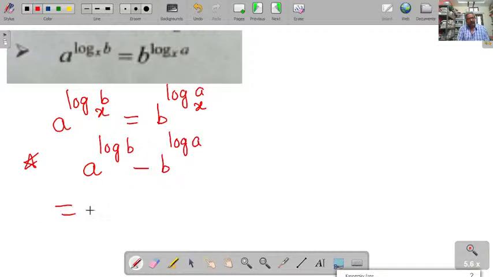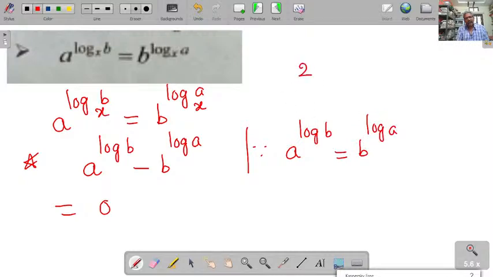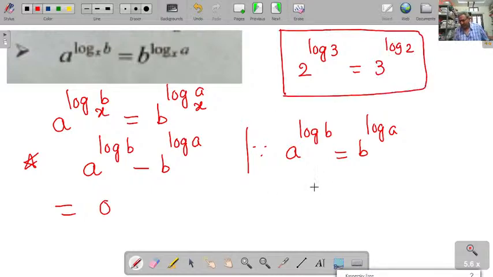Obviously you get 0, since a to the power of log b equals b to the power of log a. Similarly, 2 to the power of log 3 is equal to 3 to the power of log 2. Clear? Similarly, 5 to the power of log 3 is equal to 3 to the power of log 5.